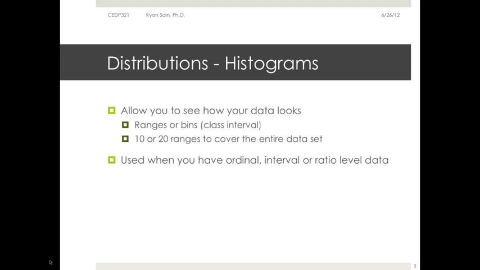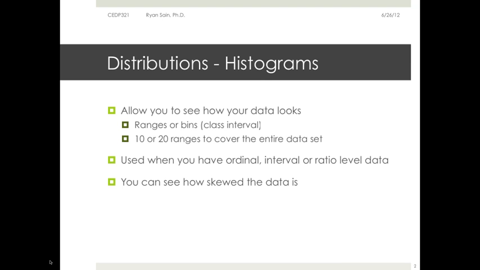But in ordinal, interval, and ratio data, there is some sort of relationship between each point. One is, there's that order, and that order means something. So putting things left to right or right to left, you're getting larger in some scale or smaller in some scale, that type of thing. So that's why it has some sort of meaning.